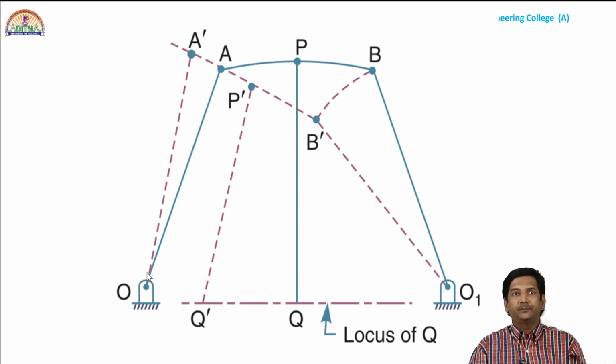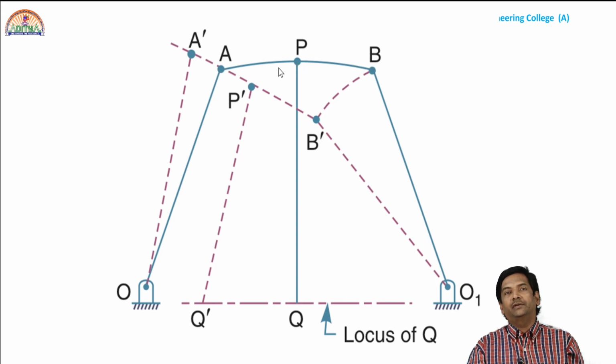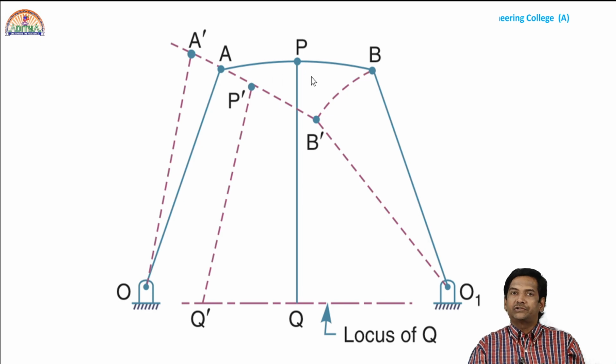Now, we are moving in such a way that the point attached to the middle link's end point will trace an approximate straight line. So, in the diagram you see this OA and O1B are both the same, P is the midpoint, and AB is a straight line.